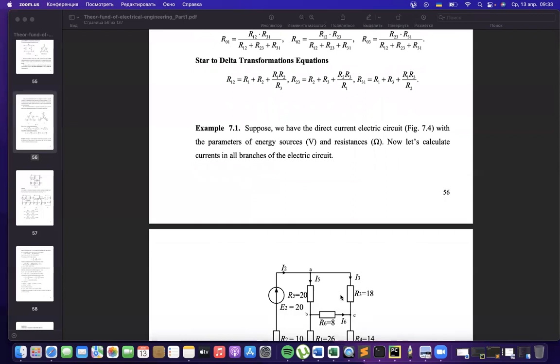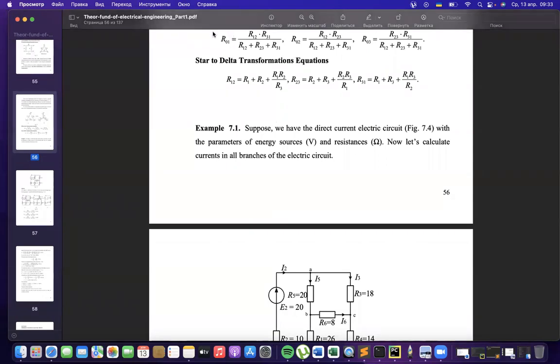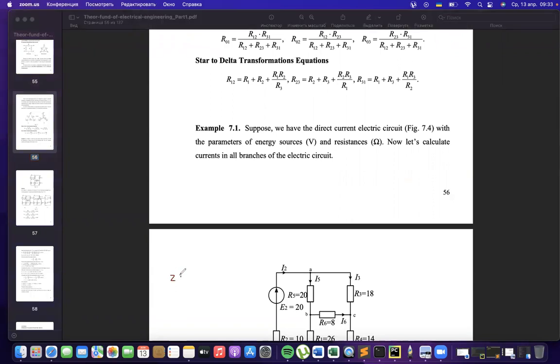If we have 20, 18, and 8 ohms in delta, and we want to transform to the star, it is the first part of the formulas. We should calculate as written here. We should put in the upper part of the equation 20 and 18, for example, and divide by 20 plus 18 plus 8.